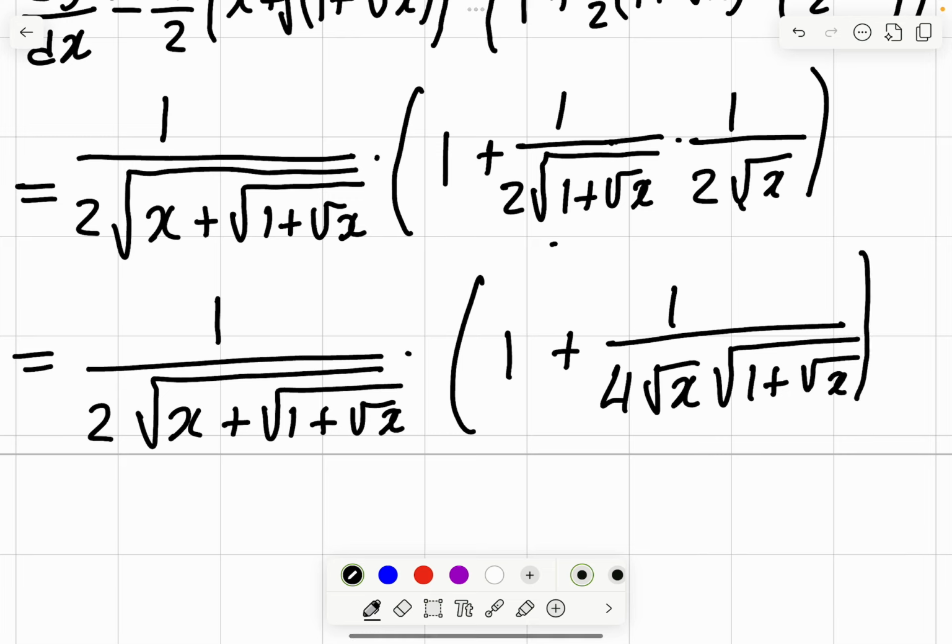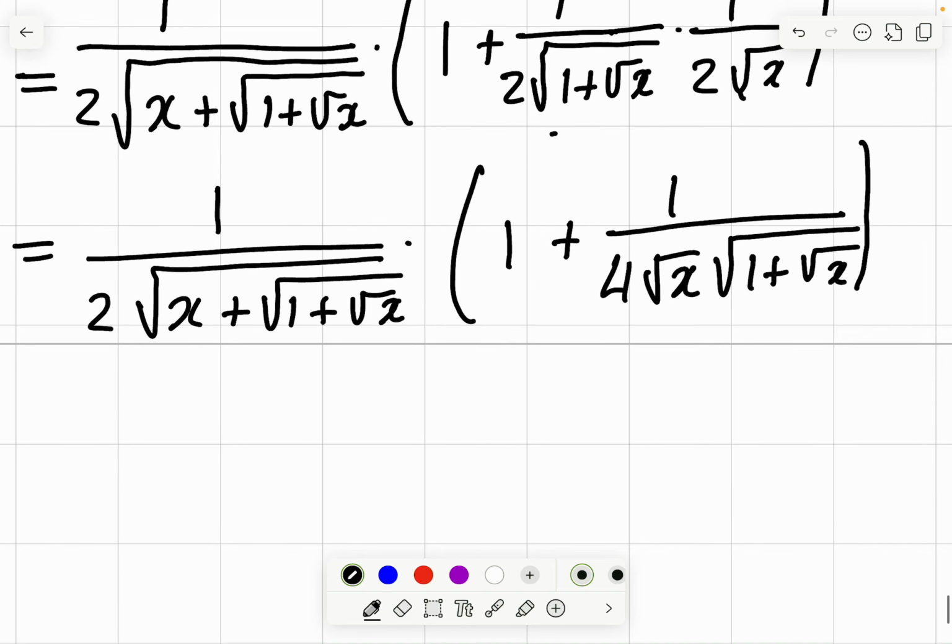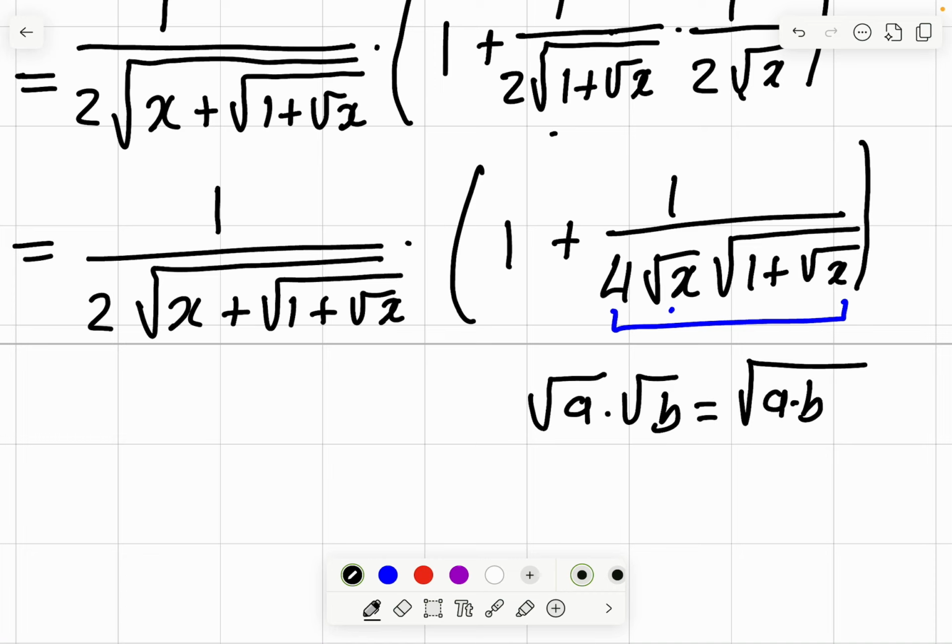If I want to simplify that thing completely, I can simplify this one. I can reverse this thing using the law of surds. Root a times root b is the same as the square root of a multiplied by b. Meaning I can take this x, multiply by this thing, and put them in the same square root.